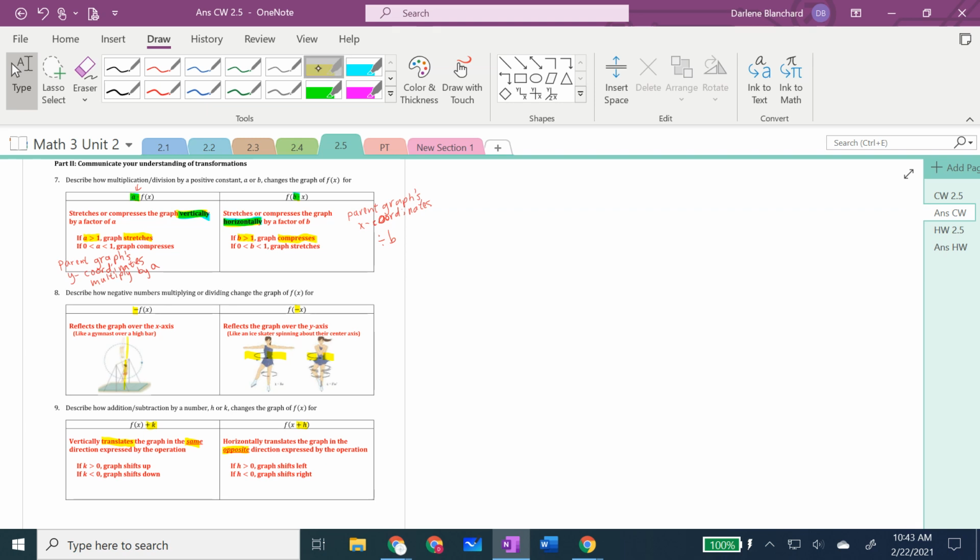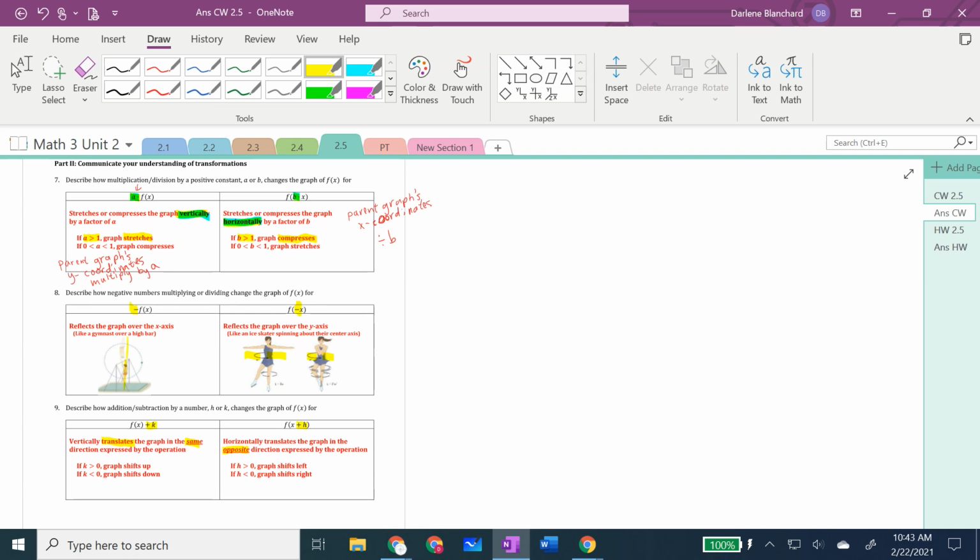I want to point out that when you do multiply, you can look at the multiplication by -1. The opposite operation would be divide by -1, which is actually going to do the same thing, but it's to the x. Whereas this multiplication outside is to the y.